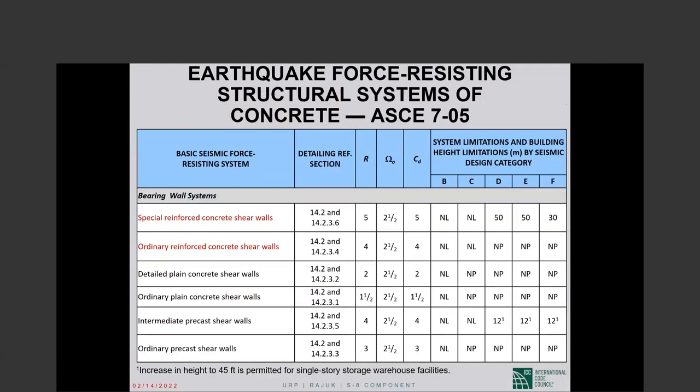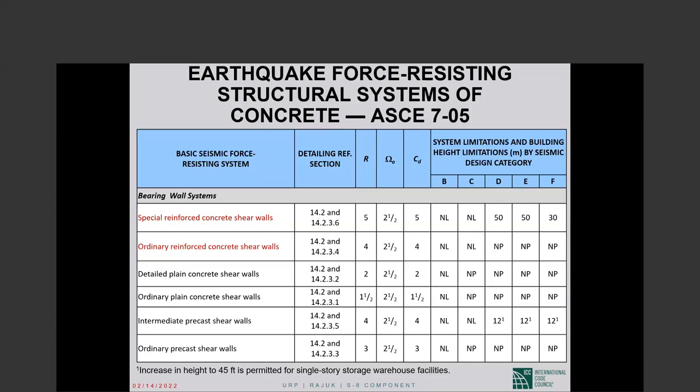The R values and also Cd and Omega 0 for these systems are to be found in Table 12.2-1 of ASCE 7, and there is a corresponding table number in BNBC 2020. I didn't go into table numbers here, but we have discussed them.